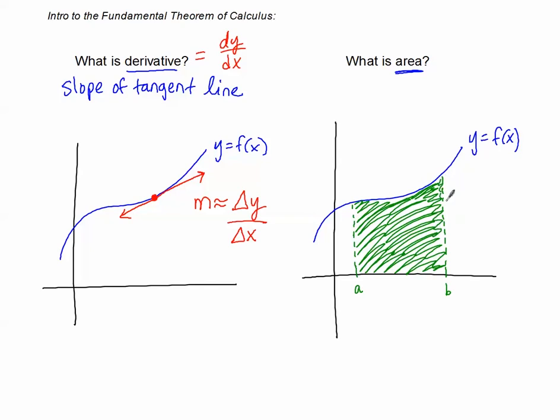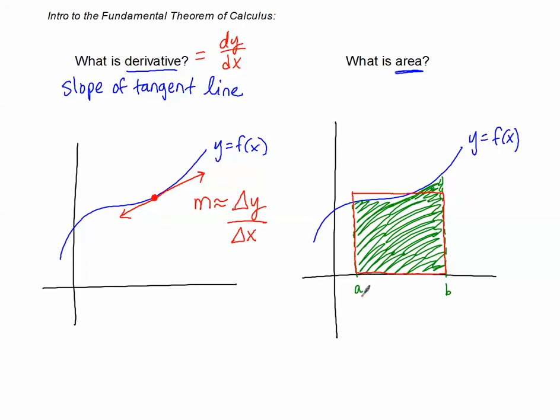And we've said, well, we can't find that exact area. Of course, we've used a limit process, but we started the limit process by saying, let's estimate a rectangle that does a little bit of underestimating and a little bit of overestimating, and we can find the area of this rectangle. Well, how do we find the area of this rectangle?